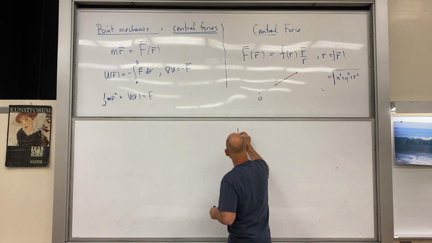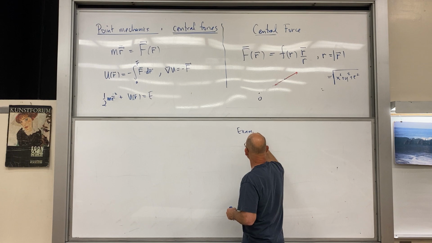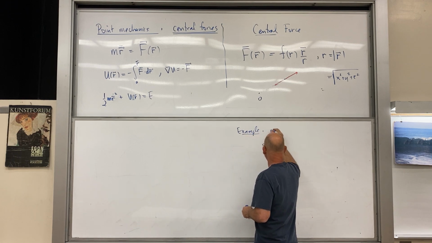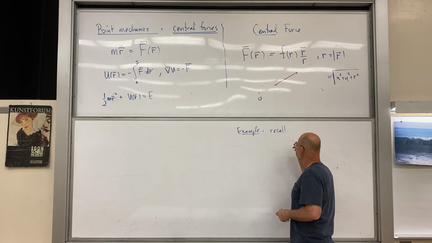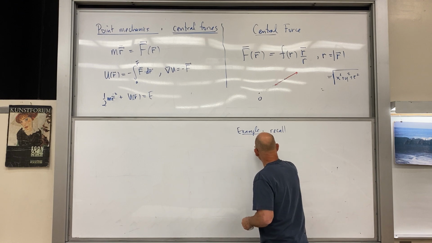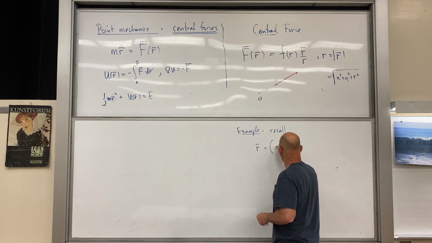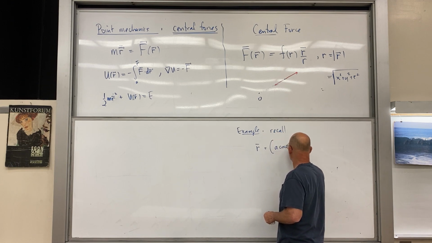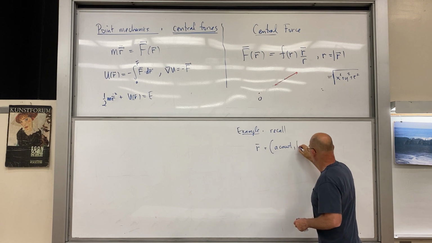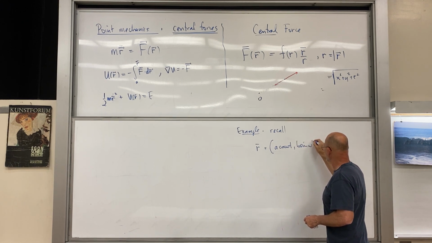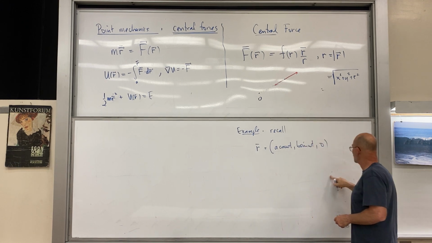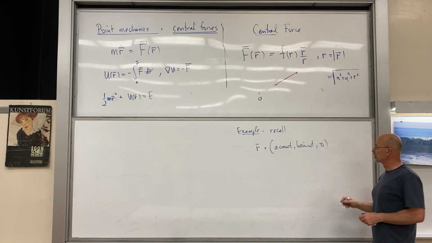For our example, let's recall r equals A cos omega t, B sine omega t, 0. So those are x, y, z components.